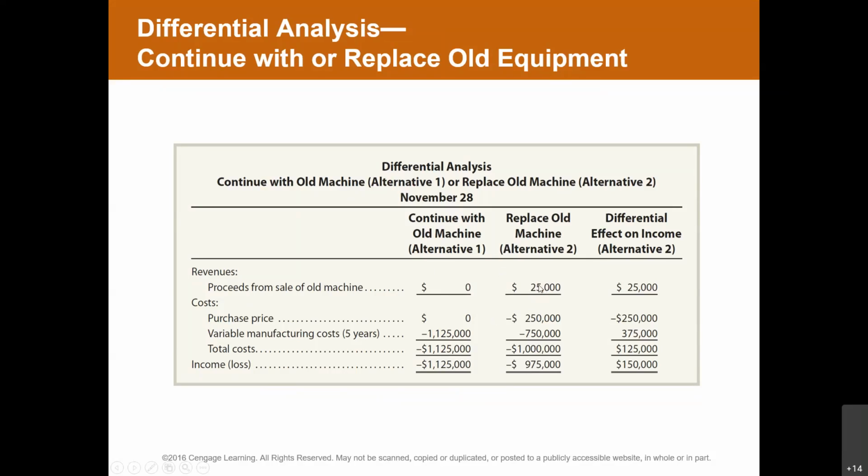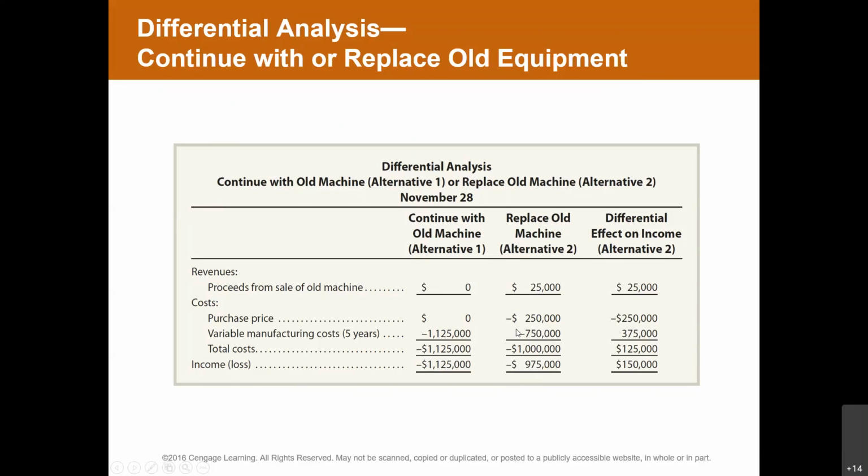Right. The $250,000 is the purchase price, and then of course we have maintenance costs or manufacturing costs associated with it. Right. And so that would be an additional cost of $750,000. So my total cost would be $1 million. So I would take my revenue of $25,000, subtract out $1 million to get minus $975,000 in total loss.